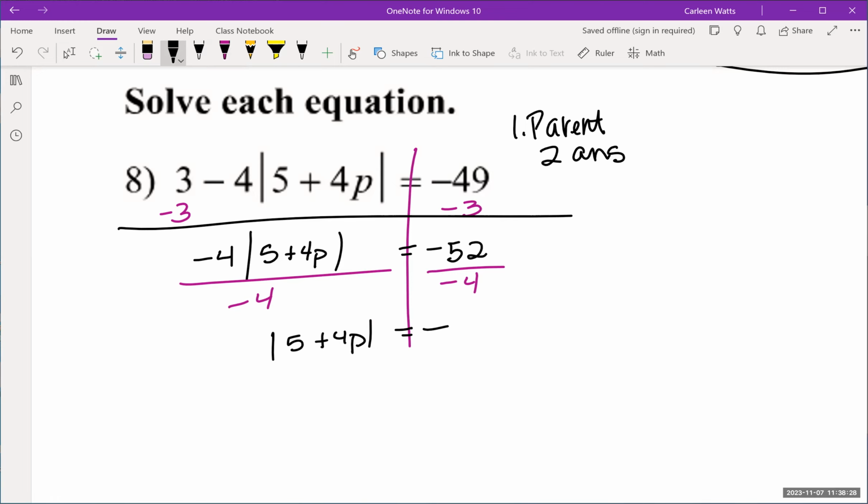Sorry, that was probably really loud in the mic. So I isolated my absolute value. Okay, what's the next step?